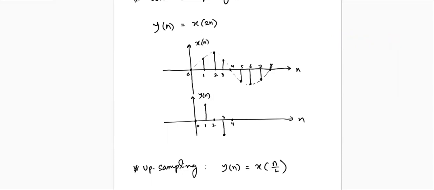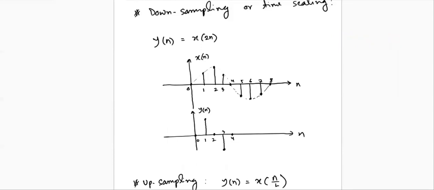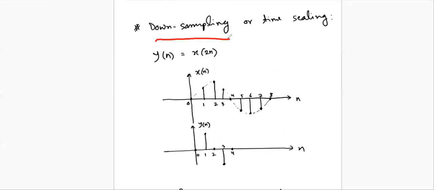One question could be asked: what about the frequency? If you perform the downsampling, what could be the frequency of the new signal? Let's say x[n] has 2 kilohertz.